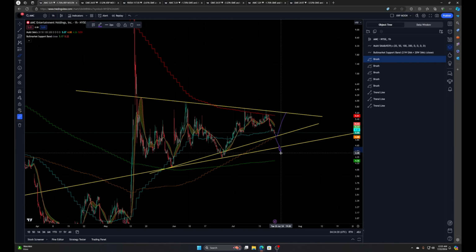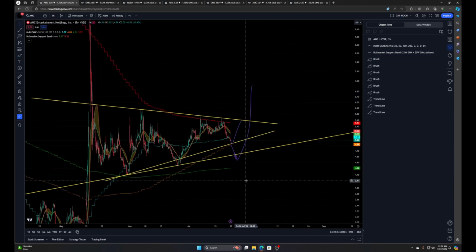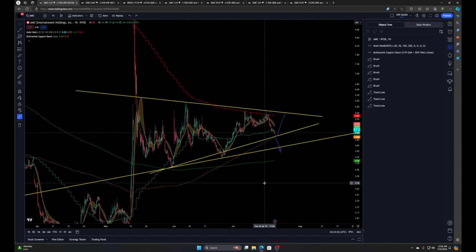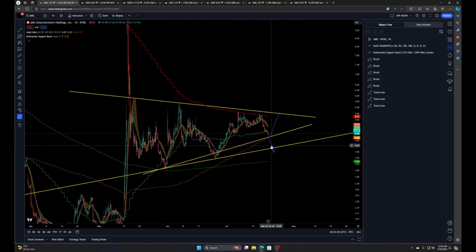Basically what happens is a bunch of bears will start piling in, saying it's over, we broke the trend line, and people will start shorting like crazy. And then that's when they pump the shit out of it to screw a bunch of bears over. So you may not hit that trend line exactly. They may slip right below it and then moon it. But they'll do something like that if 488 doesn't hold.